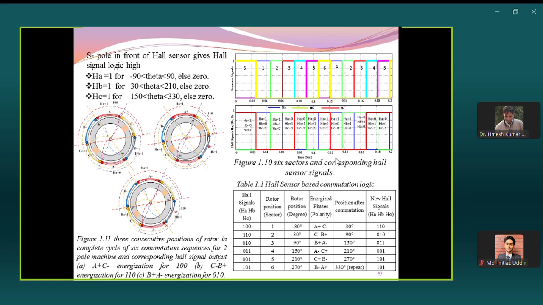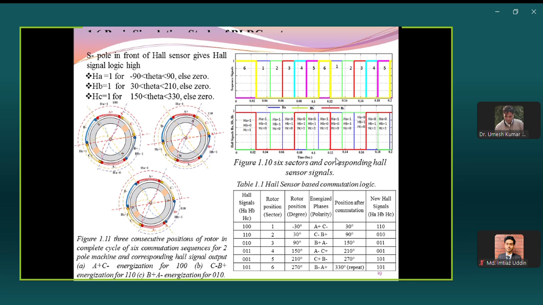Similarly, Hall sensor B is placed at the center of phase B, and its range is from 30 degrees from phase A up to 210 degrees from phase A. Similarly, we have another Hall sensor. This is an IC which has some voltage provided and it gives an output voltage.